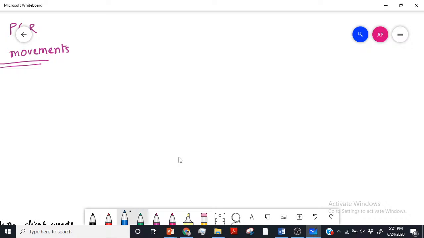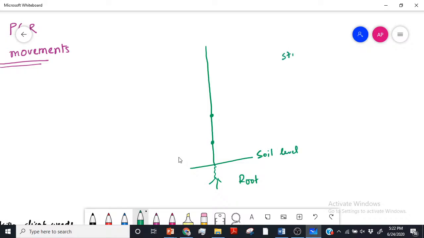If you observe a plant stem properly, the plant stem has some parts known as nodes, which are swollen parts in the stem. This is the land, below that is the root, the soil level, and this part is the stem. There are certain swollen parts on the plant stem, and from these swollen parts branches arise.